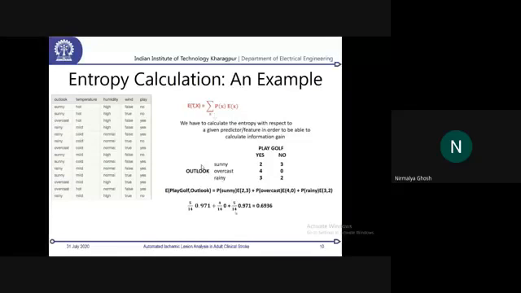So what is the probability of your sunny class? That is 5 out of a total of 14. The overcast case is 4 by 14, and the rainy case is 5 by 14. Then for this term, we'll find out, for how many cases we have, that probability values will now be calculated by this term.